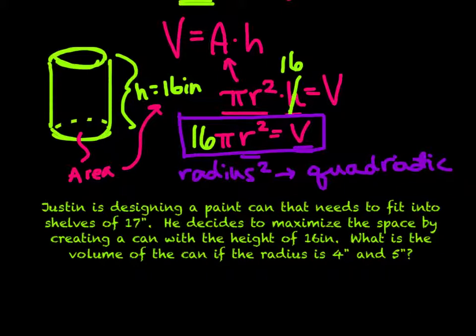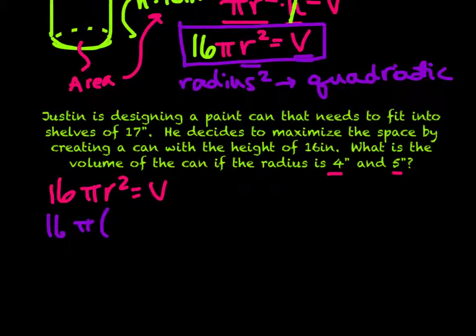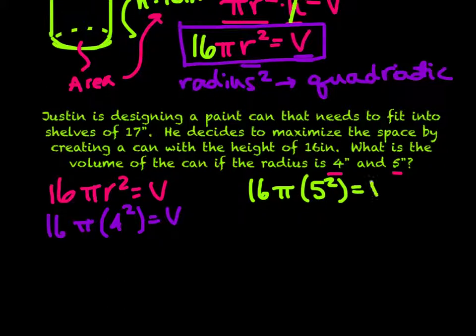So essentially we're going to use our equation that we created, 16 pi r squared is equal to the volume, to play around with a 4-inch radius and 5-inch radius. So we have 16 pi times 4 squared is equal to the volume, or we have 16 pi times 5 squared is going to be our volume. So after that, it's just plug and chug. Let's figure out what the actual volume is.